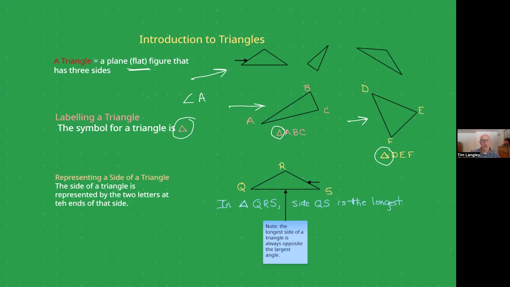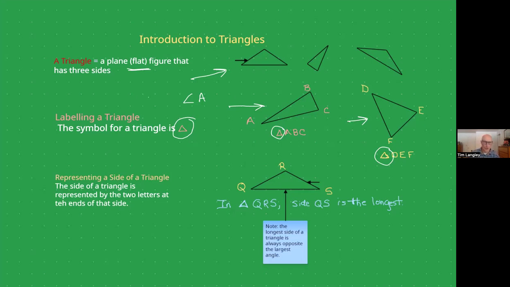Now, on the bottom left of your screen, representing a side of a triangle, sometimes in the textbook it'll say something about the side. The side of a triangle is represented by two letters, and those should be the ends of that side. Let me show you what that means as a definition.